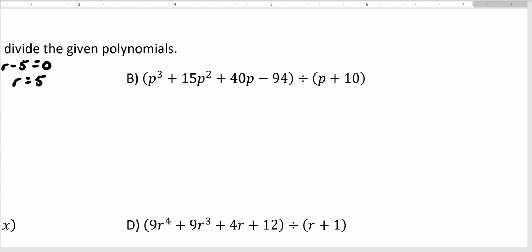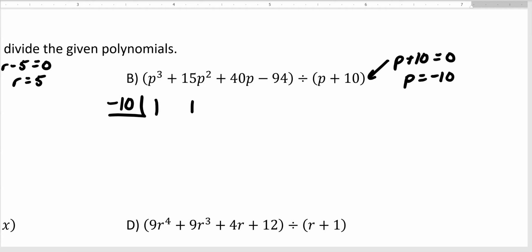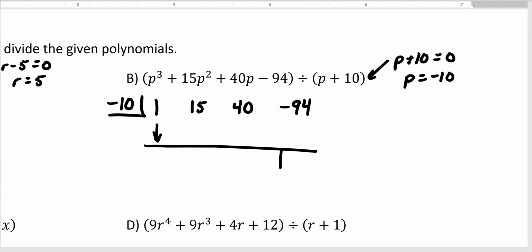Let's try another one. P plus 10 equals 0, so negative 10 is going to go in my box. I have 1, 15, 40, and negative 94. Add a space, draw a line. Drop the 1. Negative 10 times 1 is negative 10. 15 minus 10 is 5.